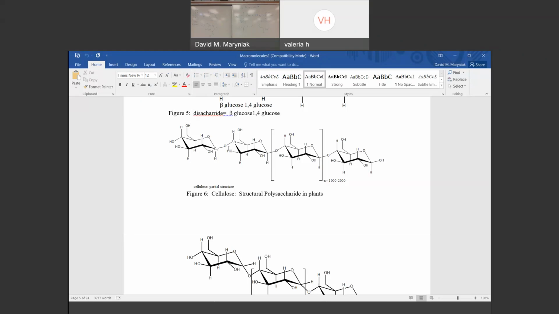Hydration or hydrolysis. So what's the product of hydrolysis of starch? Many glucoses. Why can't we hydrolyze cotton or wood? Because the beta connection, we don't have the right enzyme profile to break that beta connection.